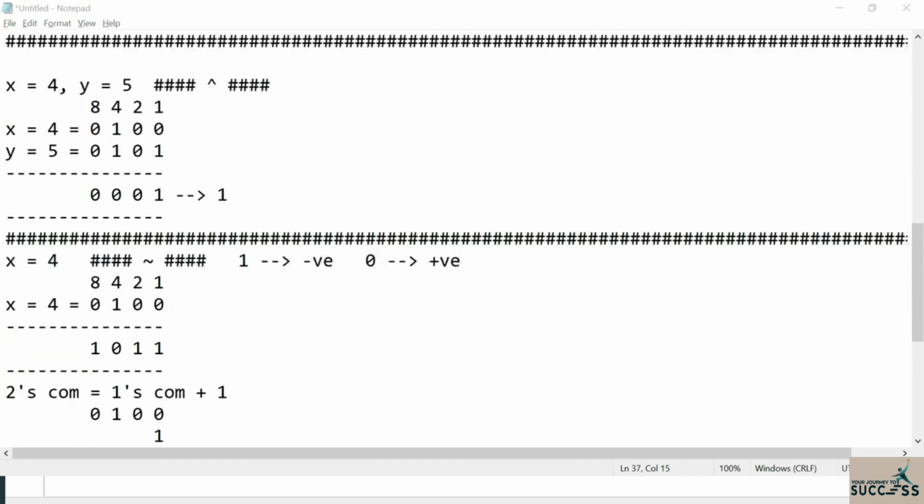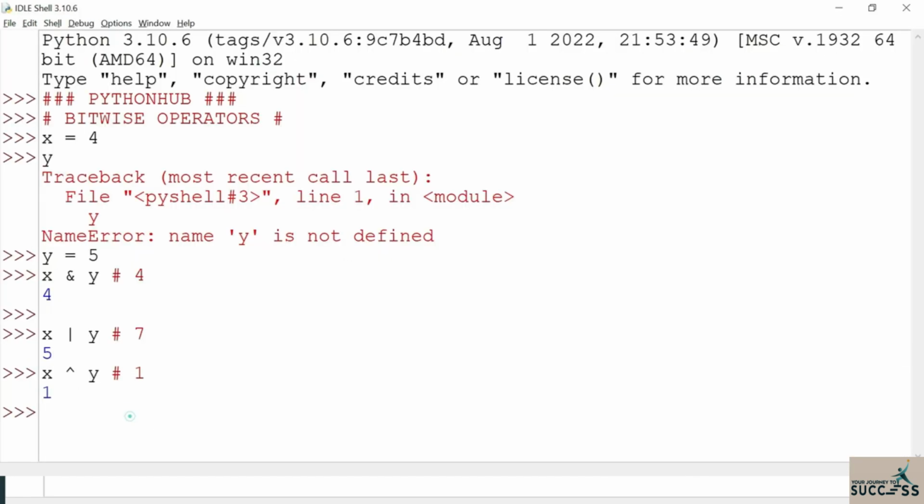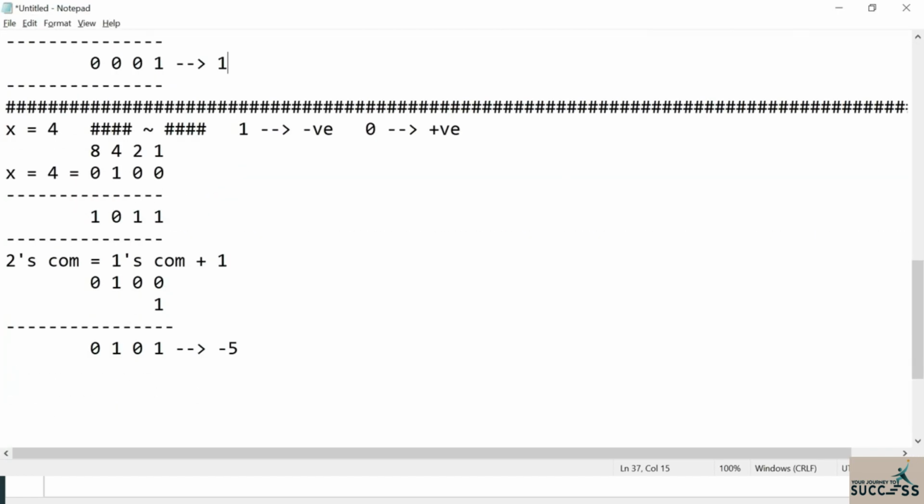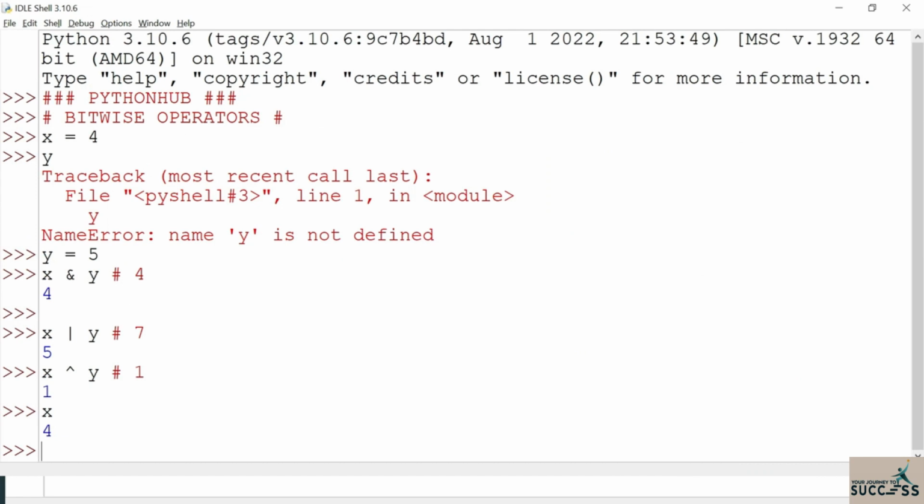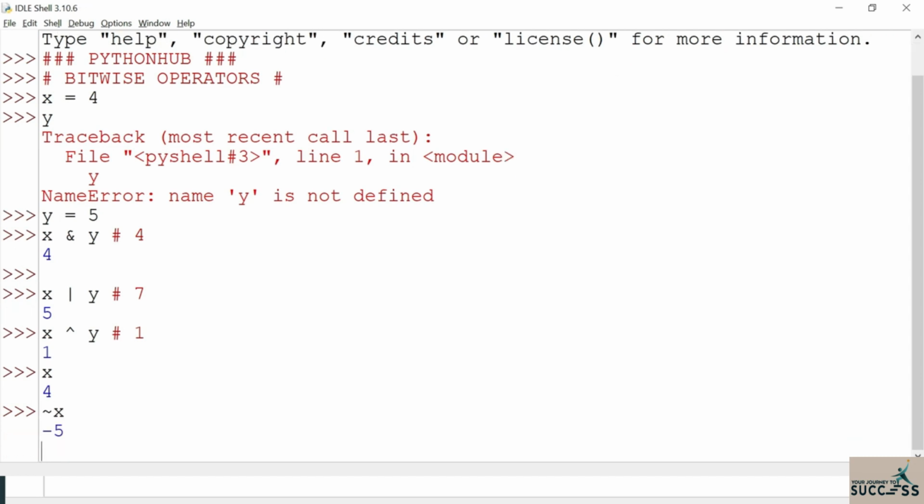Now let us try to understand complement also. The x value is 4. If I put the complement for this, after doing all this, I got the value -5. So let us see whether I get -5 if I apply complement on x. Complement on x is nothing but -5.